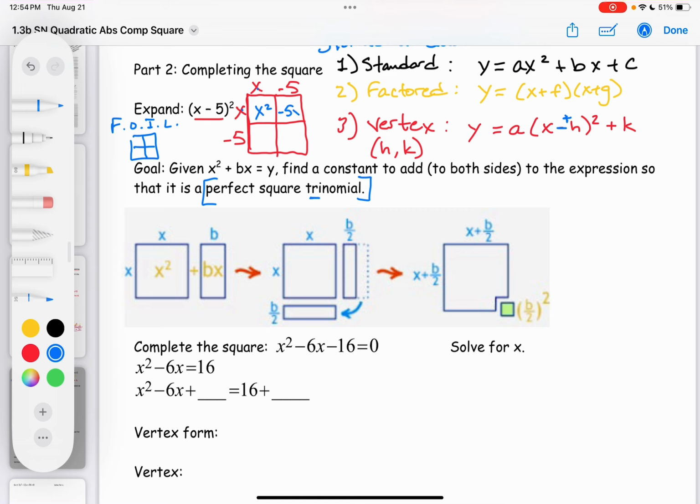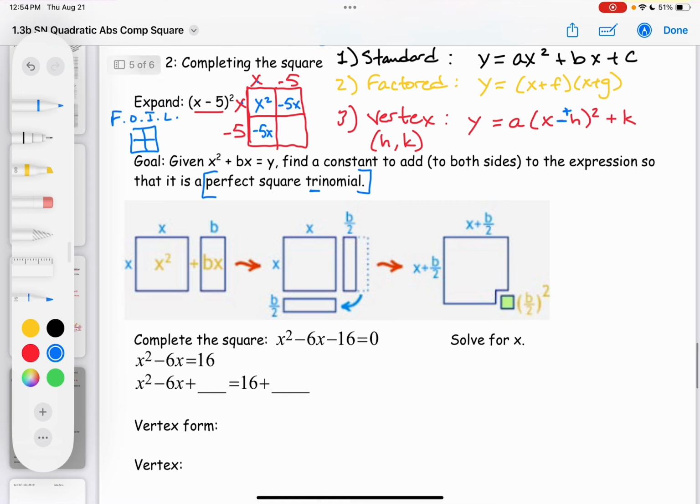Negative 5x, negative 5x, and negative times negative is positive 25. The two terms with x's you combine like terms, and I would end up with x squared minus 10x plus 25. That is the expanded version of this binomial, and it is a perfect square trinomial.